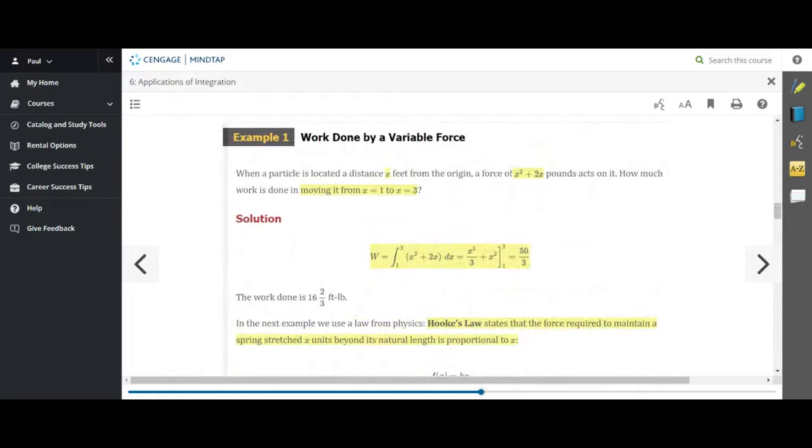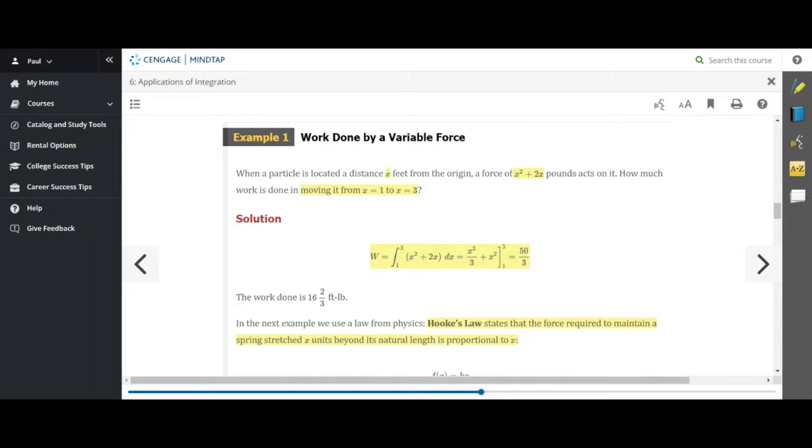Okay, so the first example says when a particle is located a distance x feet from the origin, let's suppose a force of x squared plus 2x acts on it. I've highlighted some key parts of the problem. How much work is done in moving this particle from x equals 1 feet to x equals 3 feet?